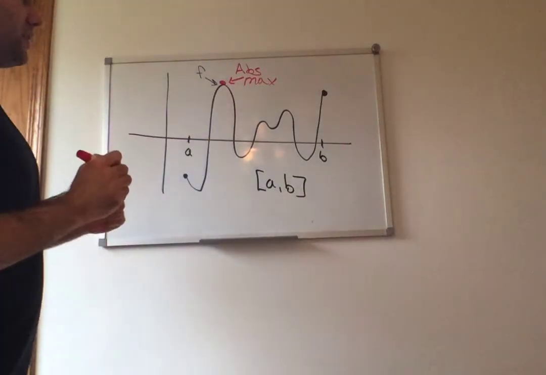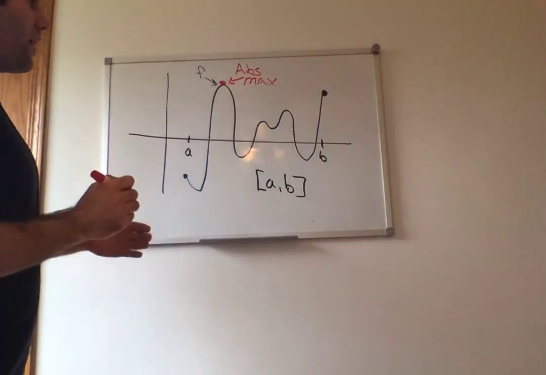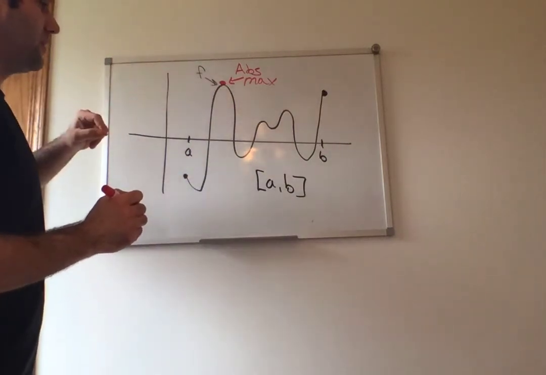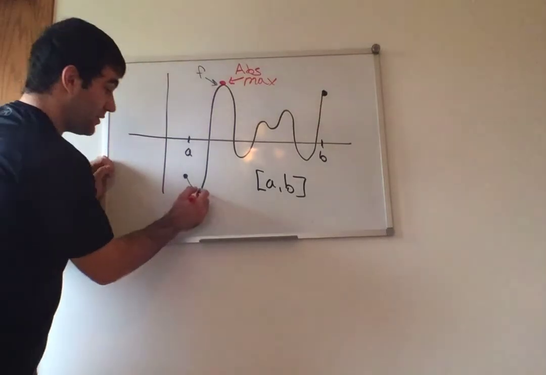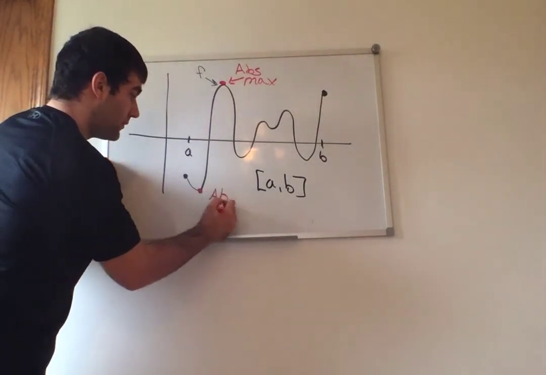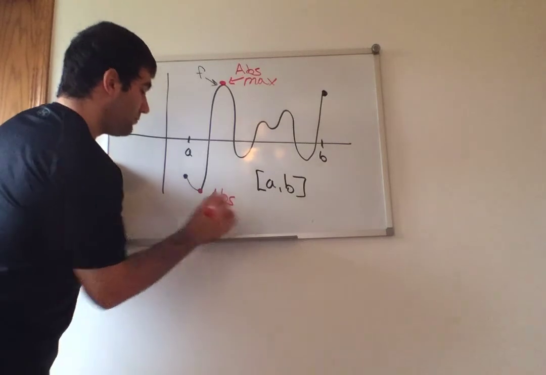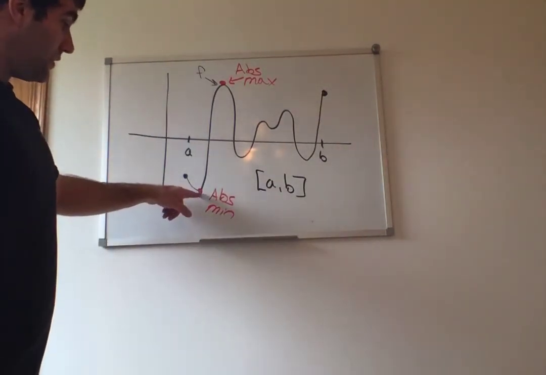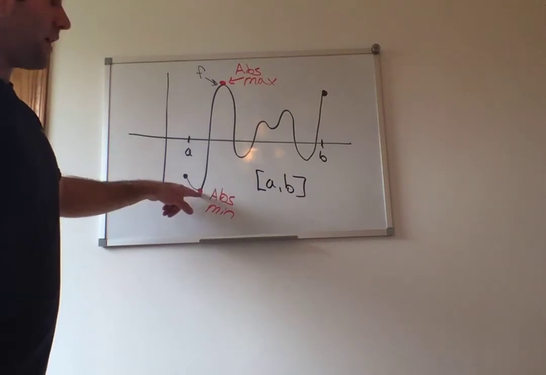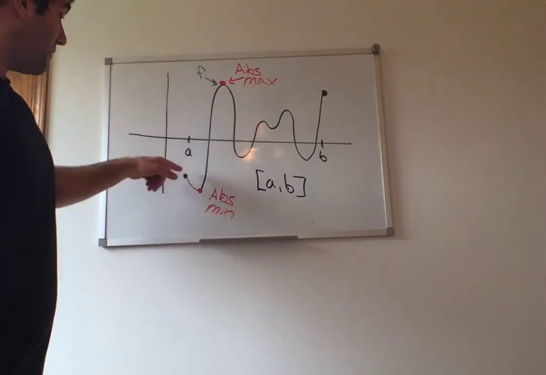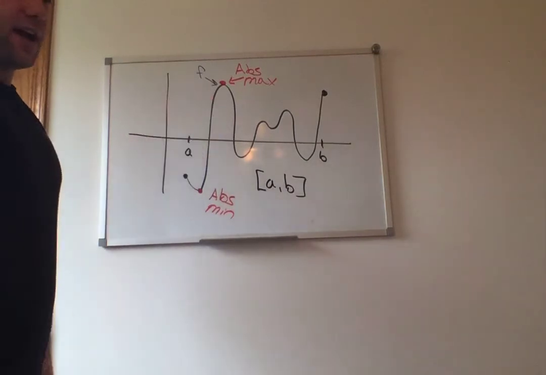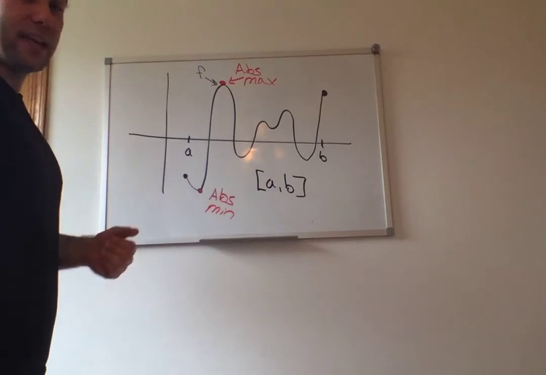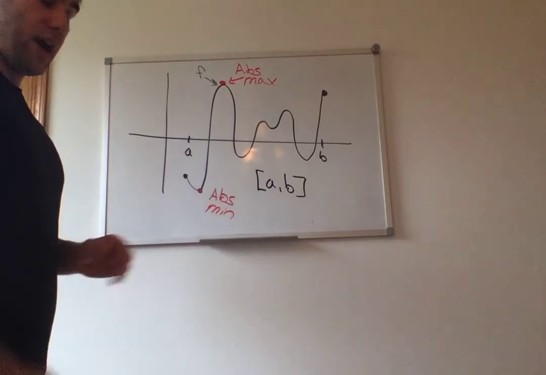Everywhere on this function, nowhere is higher than this point right here if I were to look at the y values. Now we also have down here the absolute minimum. No other point is lower than this point right here. And again, you start at A, start at B, draw a different graph, and you're going to see that you're definitely going to have an absolute maximum and definitely going to have an absolute minimum somewhere on this graph.